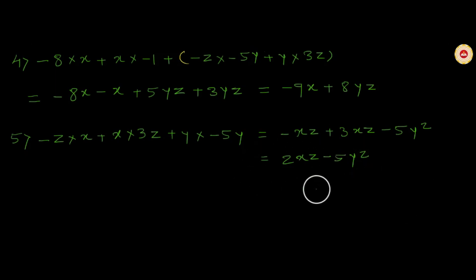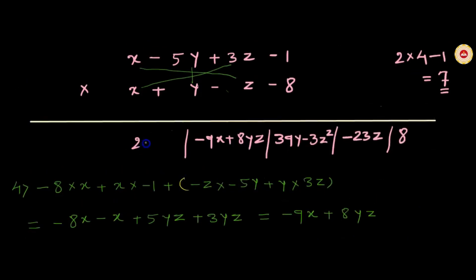So the answer of fifth step is 2xz minus 5y squared. Give a slash to separate.